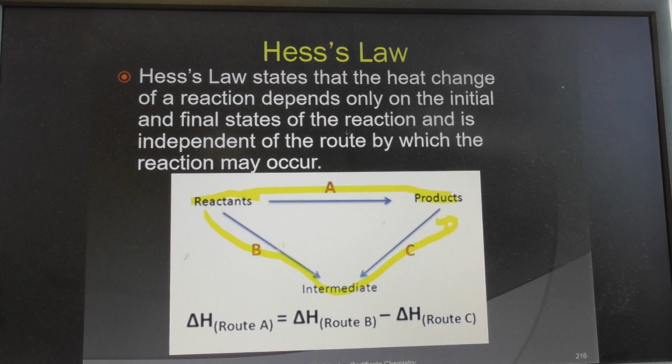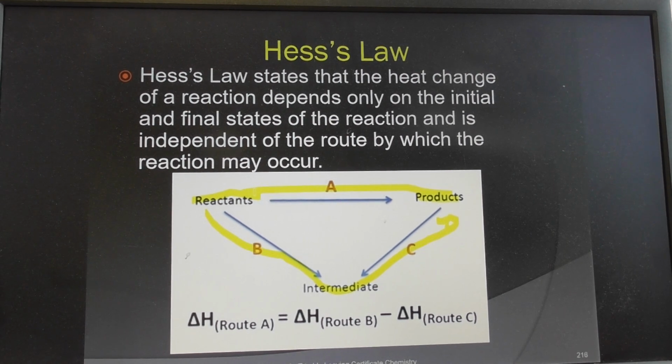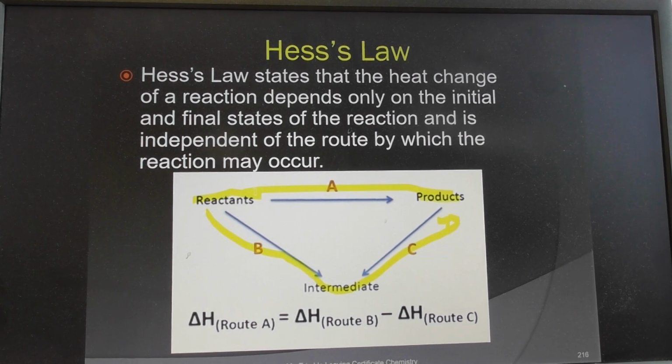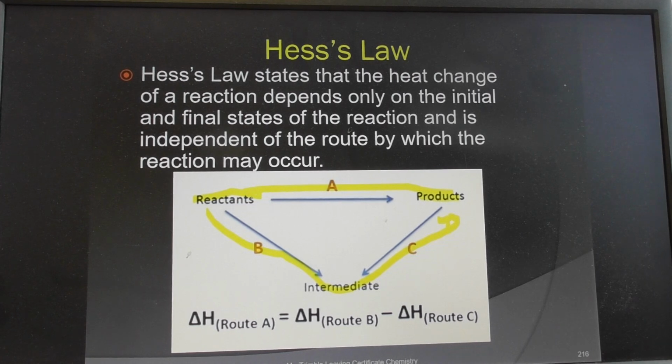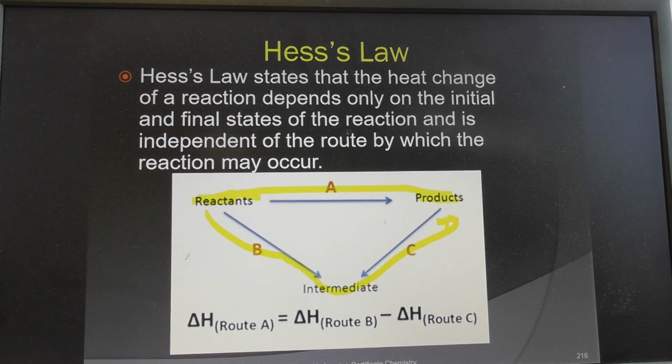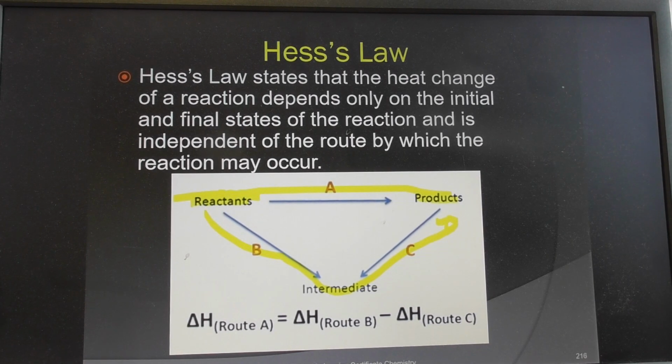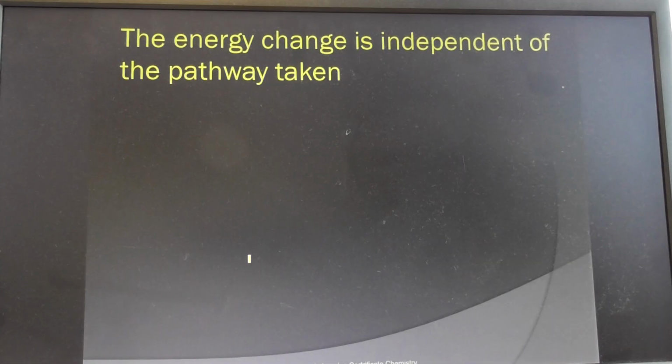Think of an intermediate championship: it's not the bottom championship, and it's not the top championship, it's in between. It's the same thing here. An intermediate is not the initial reactant that you start with or the final product you end up with. It's a compound or a substance formed in the middle, and that's what's known as the intermediate.